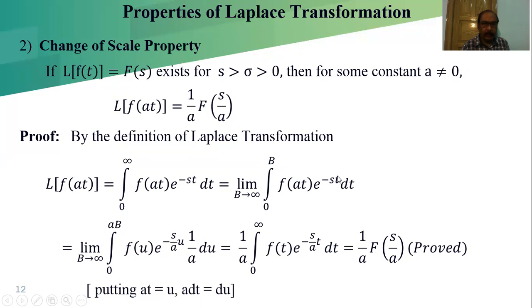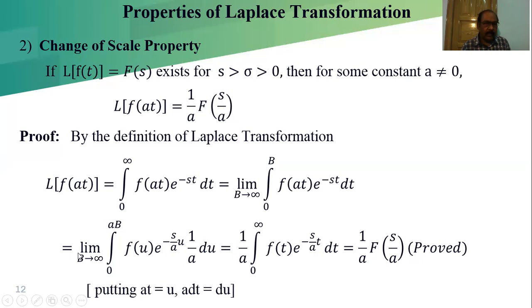So t will be replaced by u by a, and we can write minus s by a into u. And from here dt is equal to 1 by a du. And 1 by a is the constant that we can take outside of the integration.